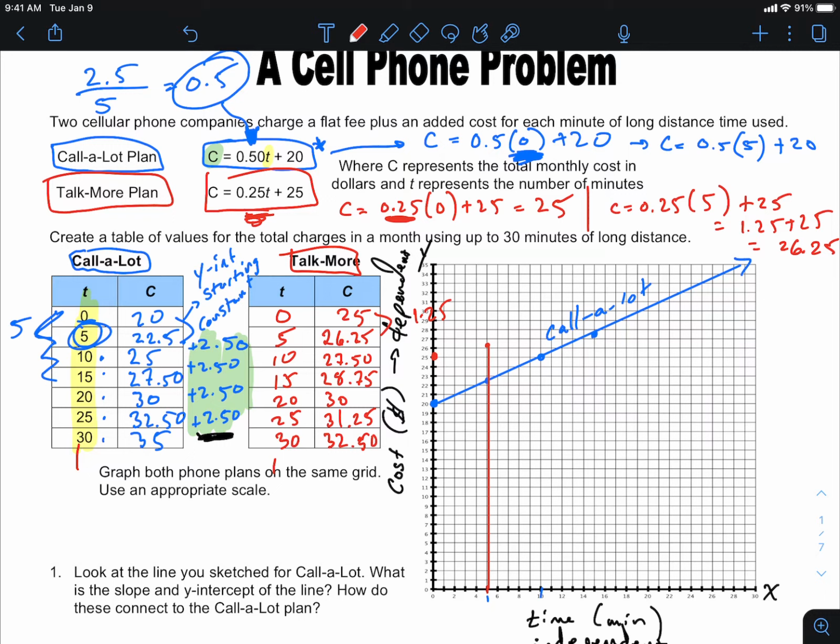And then 10 and 27.5, that's going to go to there. And then 15 and 28.75, so almost at 30. Go there. And then 20 and 30.